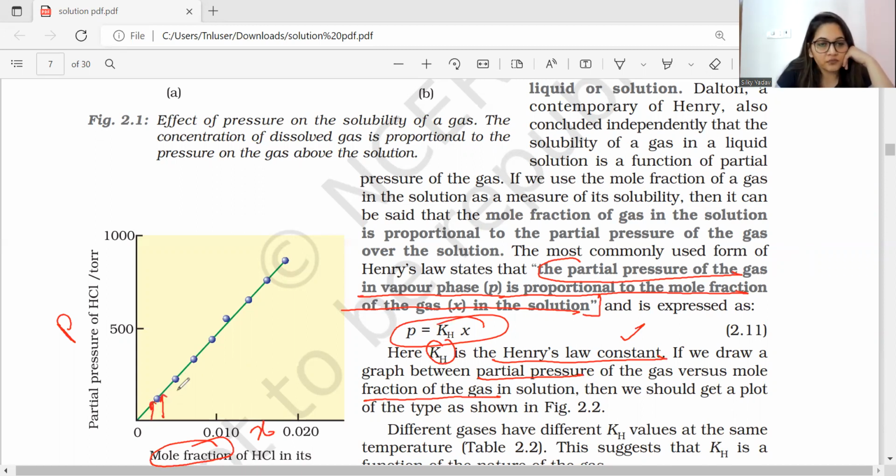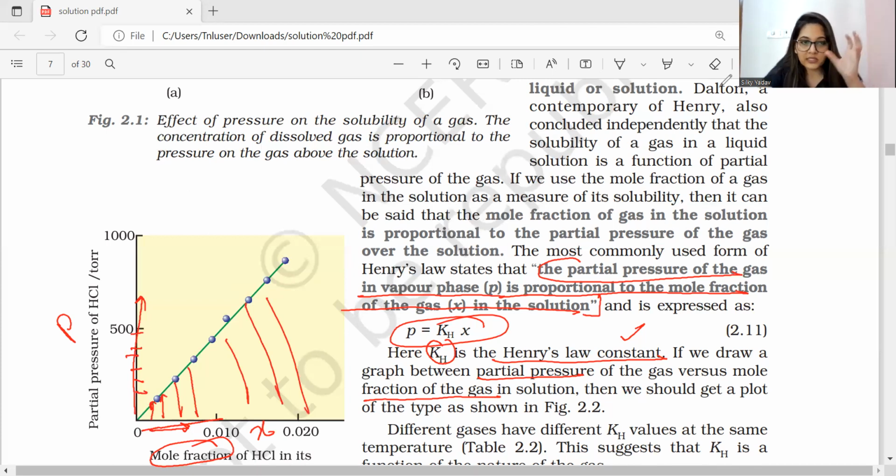As you're increasing the pressure, as you're moving to 500, 1000 and above, with the increase of pressure, you can easily see the mole fraction of gas dissolved inside one particular liquid is also slowly increasing. I hope this graph is clear to everyone, because this is depicting the same thing which I have written in the form of an equation.